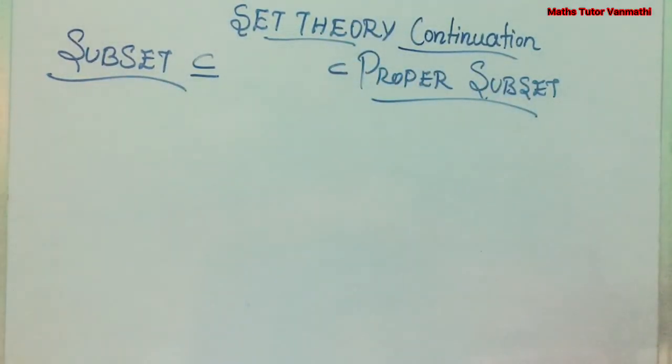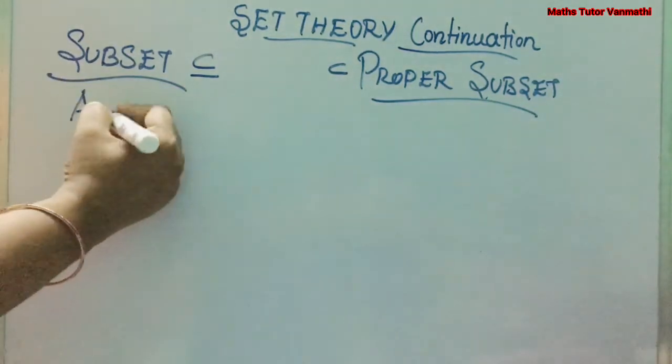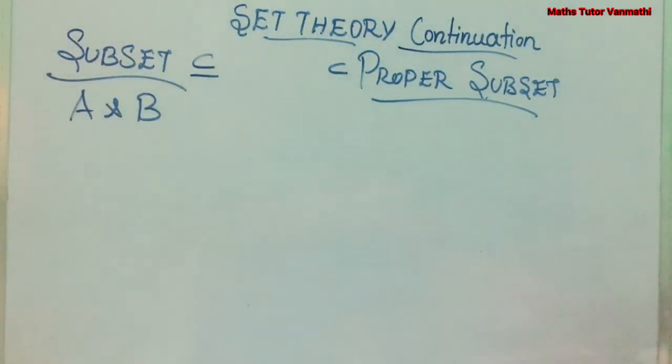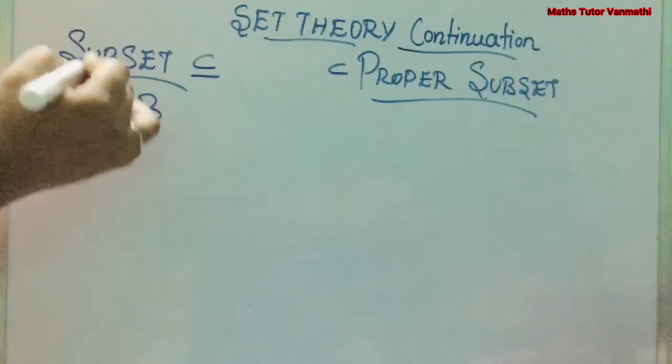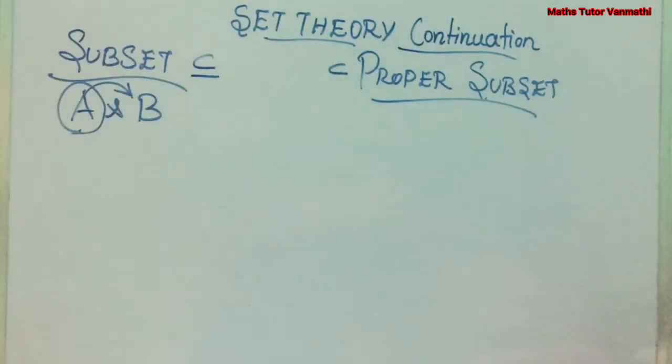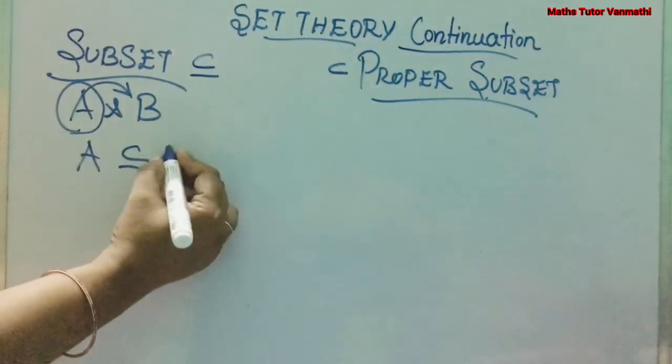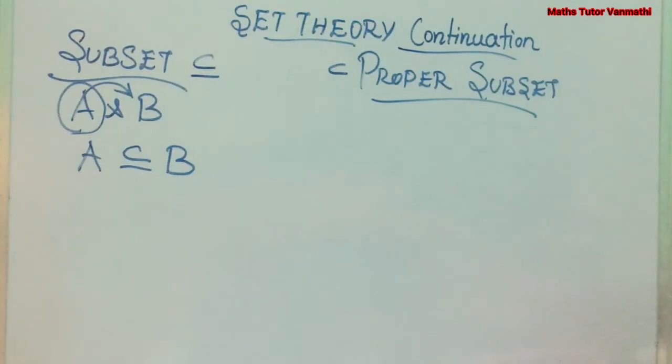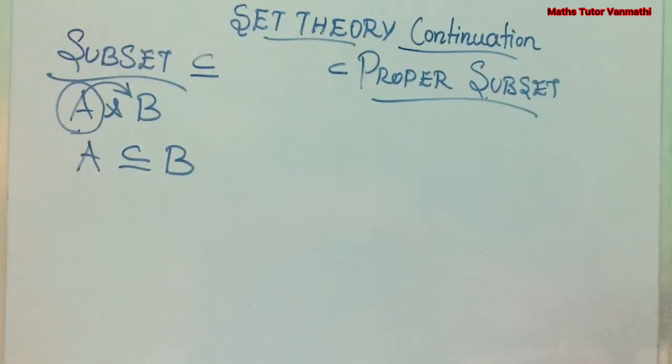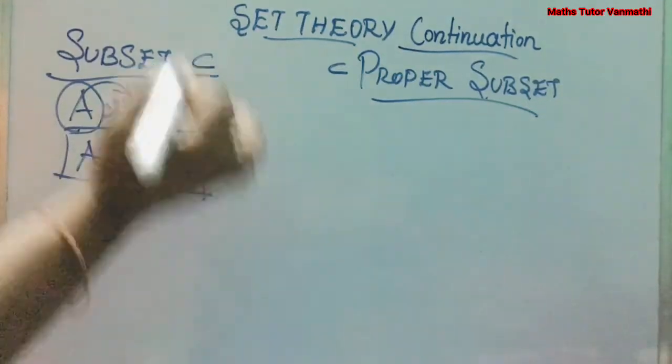Let me take any two sets, A and B. Here every element of A is also an element of B. The elements which are present in A should also be in B. Then we can say A is a subset of B.